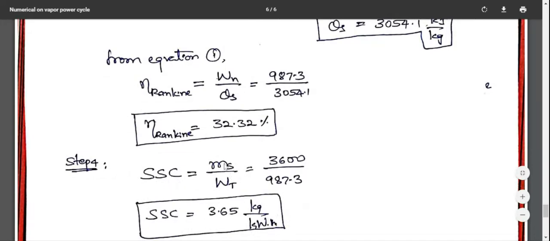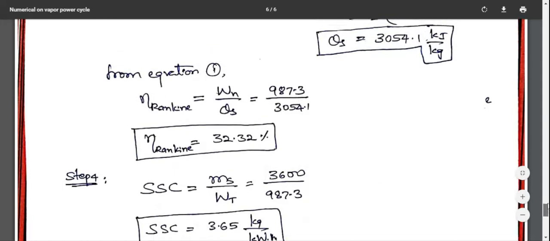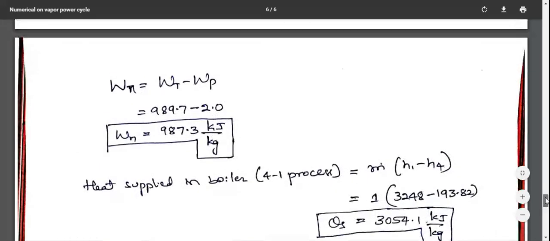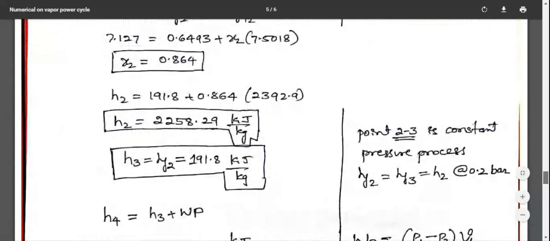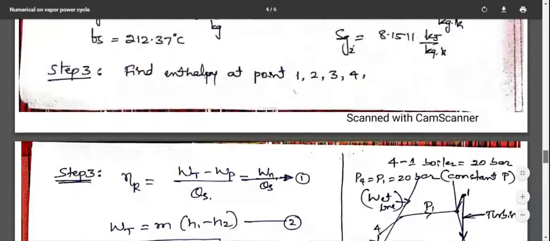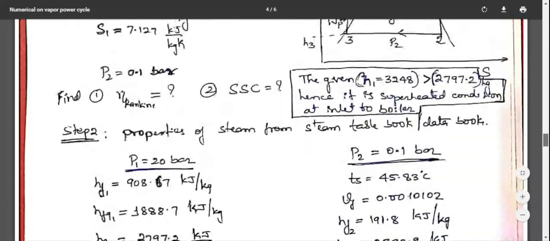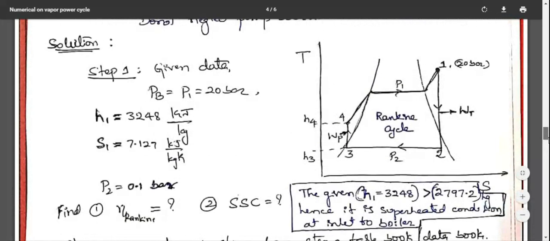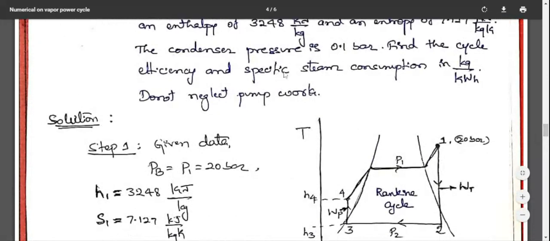That is the mass flow rate of steam divided by the work done by the turbine. The mass flow rate of steam is not given, so assume it is 1, multiplied by 3600. In the given numerical, he has asked for it in terms of kg per kilowatt hour. Read the problem once again: specific steam consumption in kg per kilowatt hour.